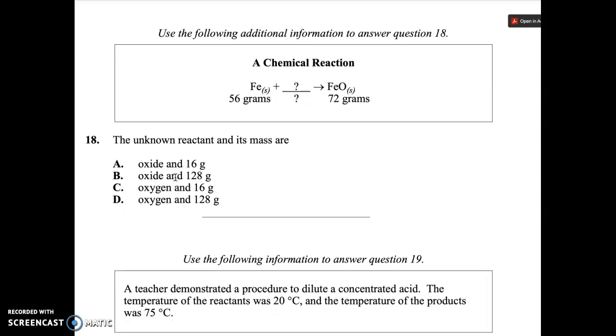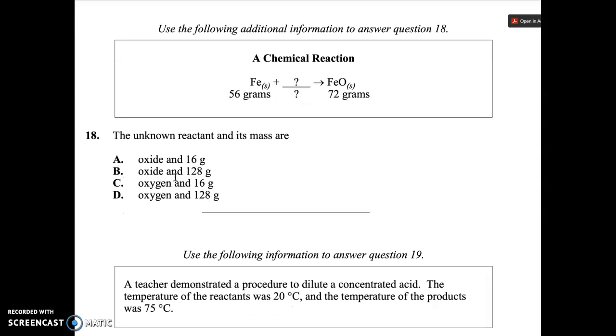Let's have a look at 18. Here we have iron plus something equals iron oxide. To me that looks like corrosion. We're going to rust a piece of iron with some oxygen to make iron oxide, to make rust. So what are we adding? Oxygen, not oxide.